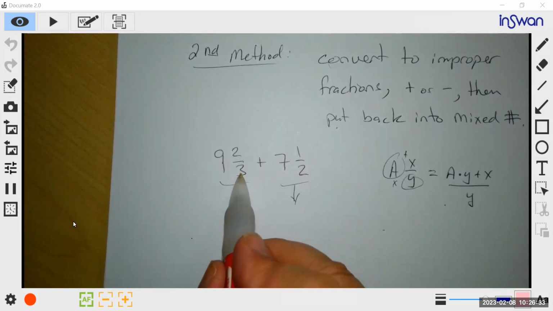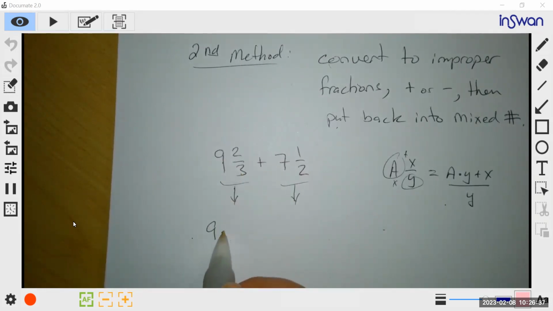So 9 times 3 is 27, plus 2 over 3. 7 times 2 plus 1 over 2.